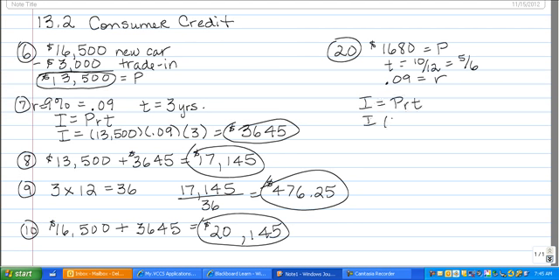So let's figure out, first of all, the interest. We want to take 1680 times 0.09, our rate, times 5/6. See what we get for our interest. 1680 times 0.09 times 5 divided by 6. So I'm getting $126 add-on interest. That means we have 1680 plus 126, the amount to be repaid, is $1806.